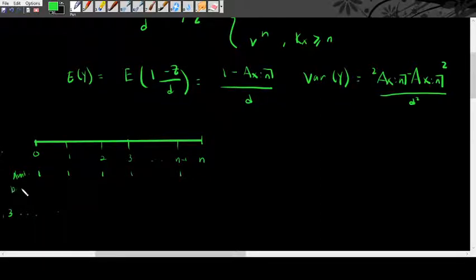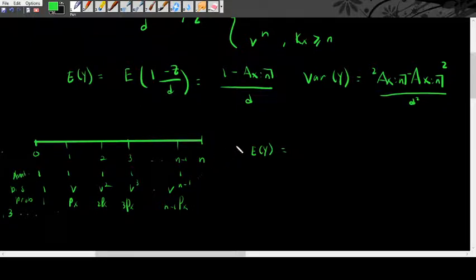So the discount factors are 1, v, v squared, v cubed, up to v^(n-1), and the probabilities of receiving or making this payment would be 1, px, 2px, 3px, and here n-1 px, and so on.